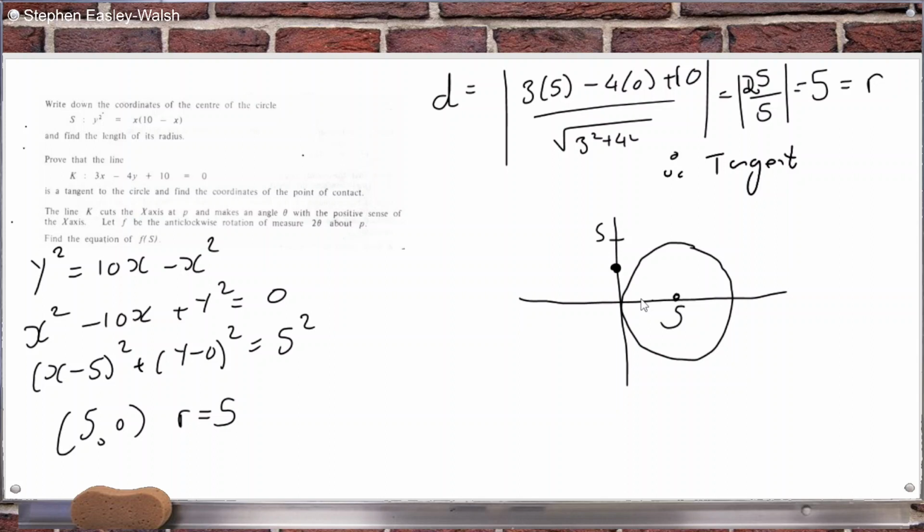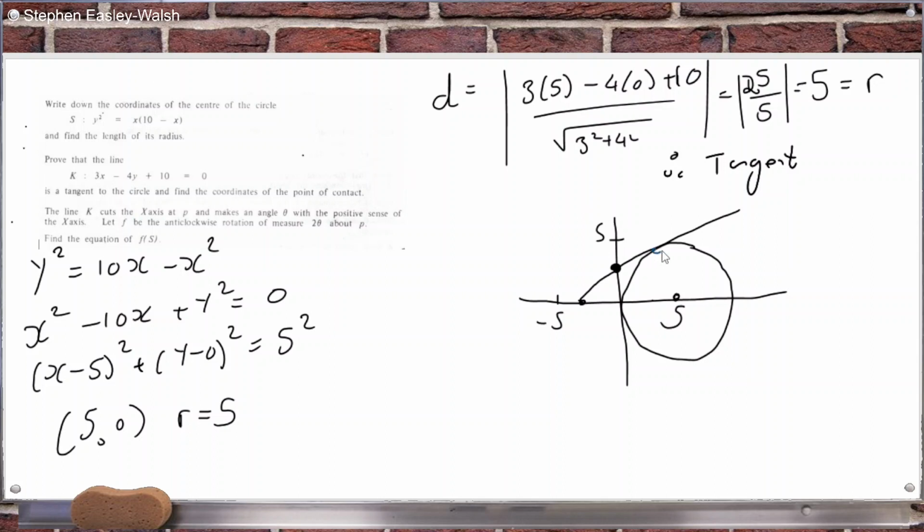When x is 0, y will be that, and when negative 3.33. So something like here. So there we go. That'll be the tangent.